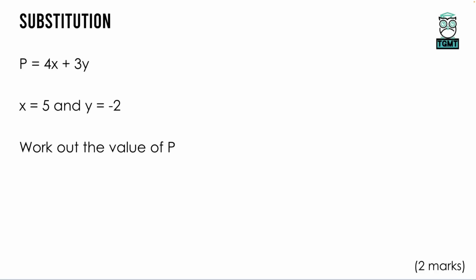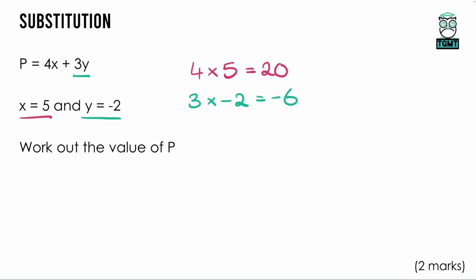Because 4x, which of course means 4 times x, or 4 of the x's, just means 4 times the x value, which is 5. 4 times 5 is 20. For the next one, we have 3y, and y is -2. So 3 times -2 is the same as 3 times 2, but our answer is negative, so it's just -6.